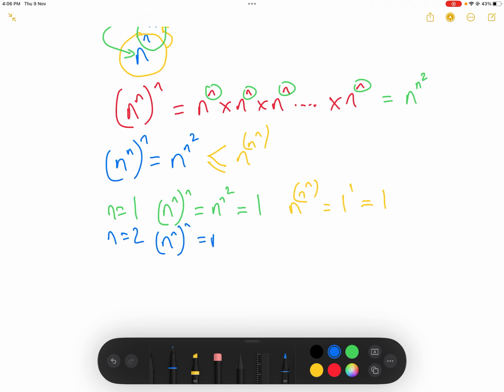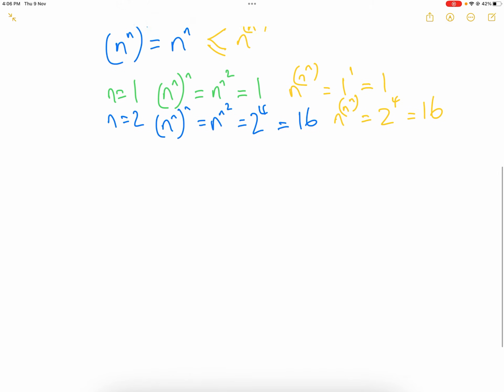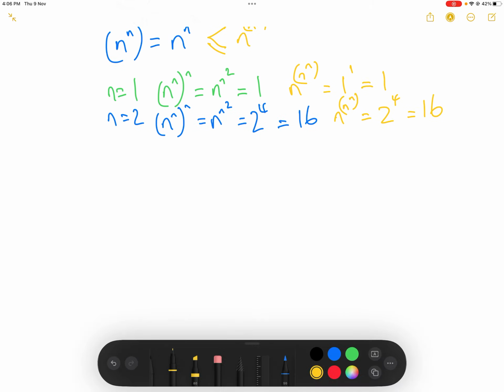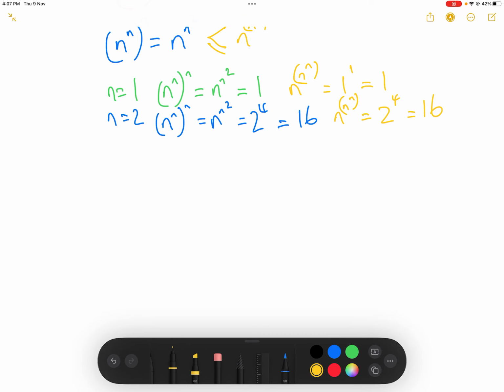Well, (n to the power of n) to the power of n equals n to the power of n squared, which equals 2 to the power of 4, which equals 16. And n to the power of n to the power of n equals 2 to the power of 4, which equals 16. So for n equals 2, it doesn't make any difference which way you do the brackets.